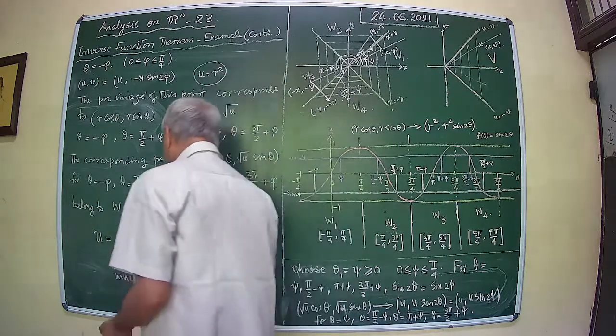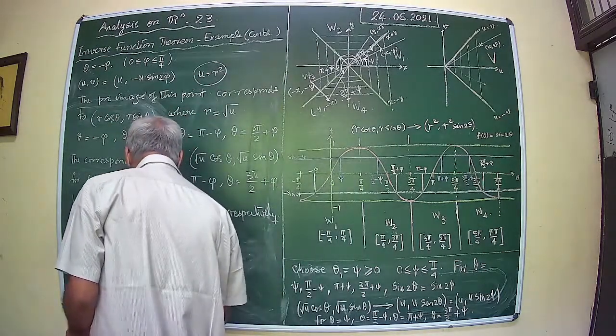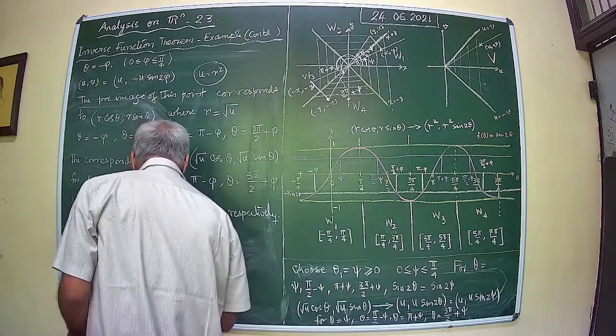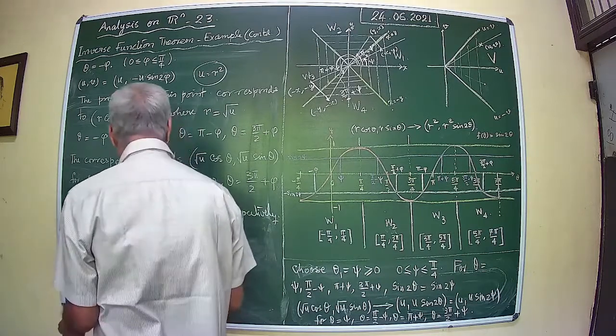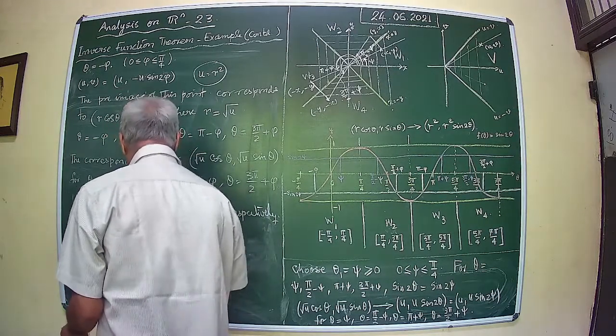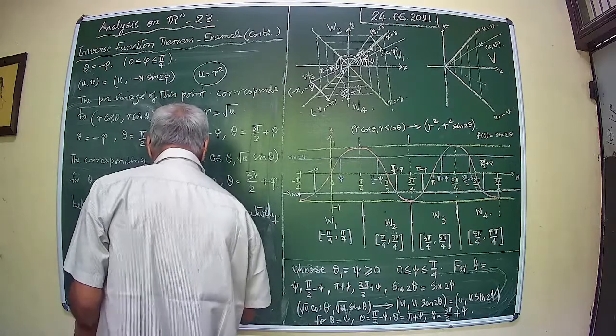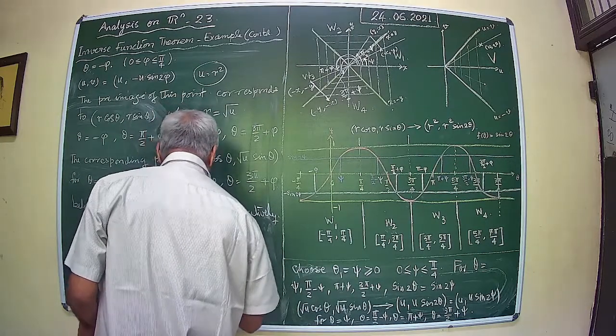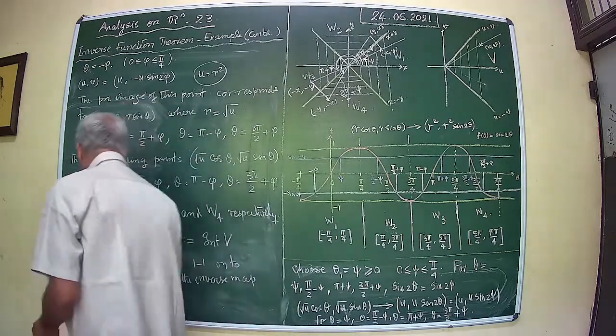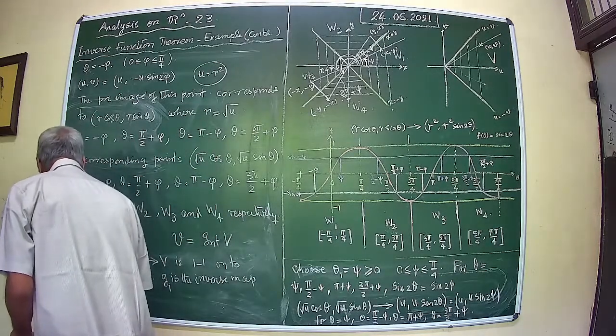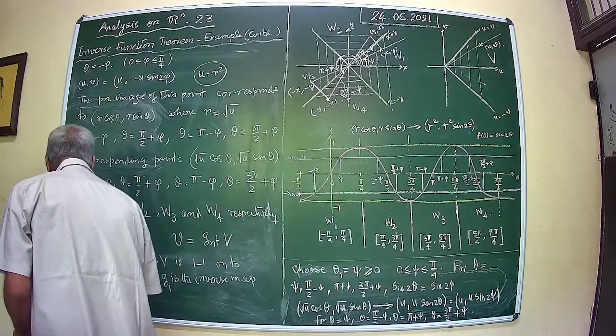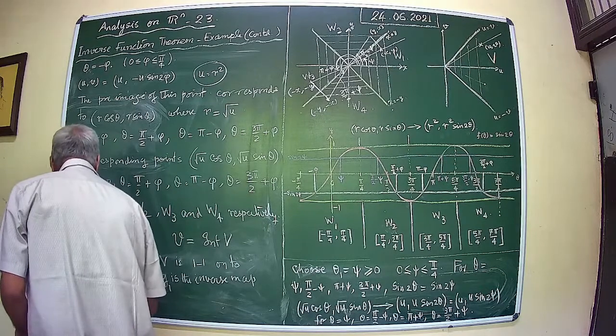And if G is the inverse map, or if you want, you can even write it Gi is the inverse map. It is Gi from V to Wi.